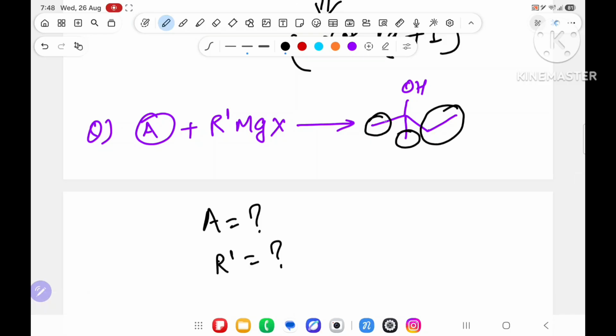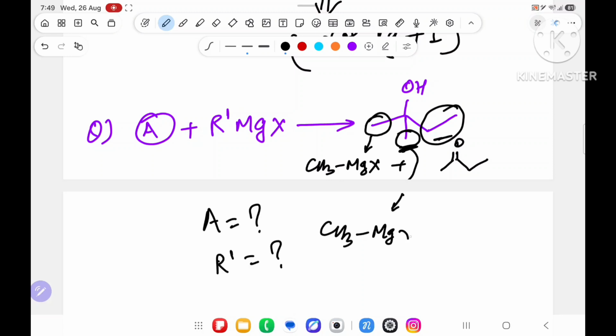Right? It means if you take this part, you will say CH3 MgX will be the Grignard reagent. Then remaining will be this left, this double bond O. Or someone will say, sir, I will take this as a part. What you will say? CH3 MgX.